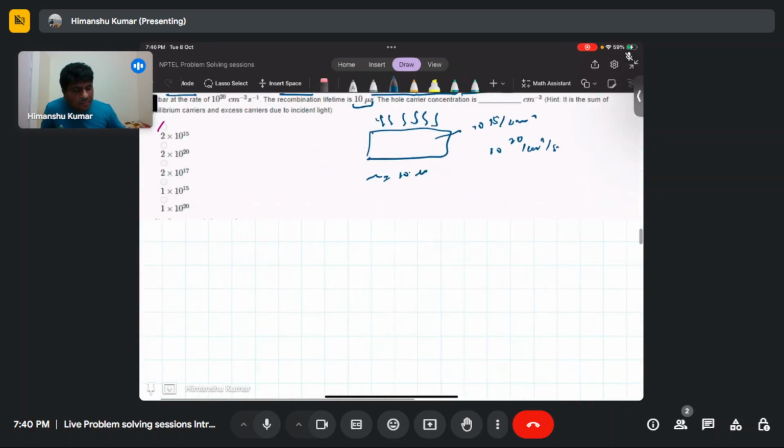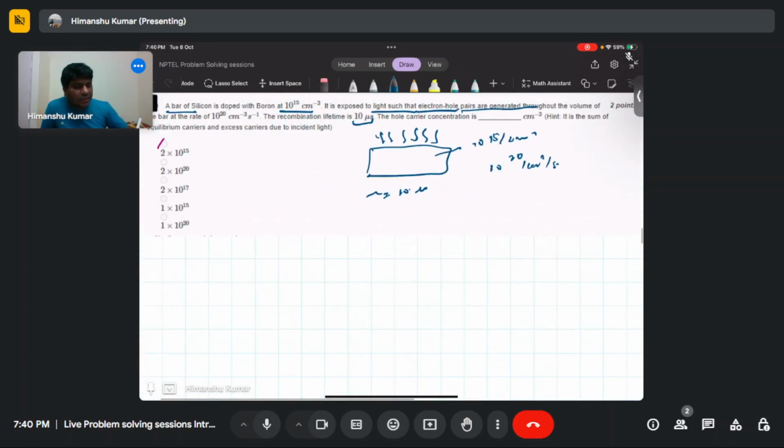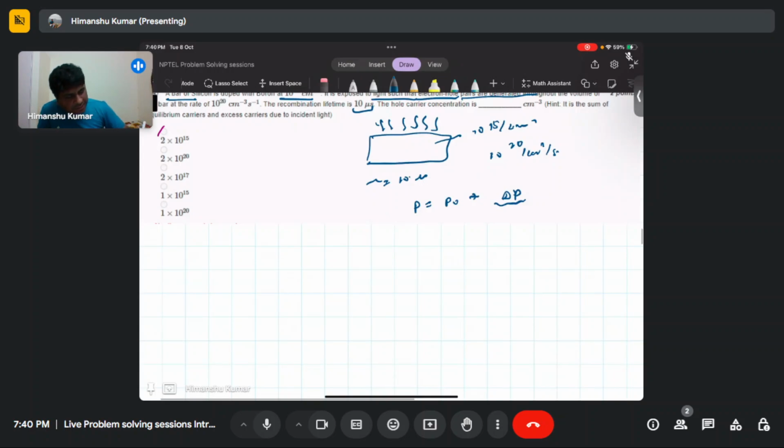Your total carrier concentration P is basically P naught, the equilibrium carrier concentration, plus delta P, the excess carrier concentration. You can determine this since the generation rate is given by delta P by tau naught if the generation is uniform.